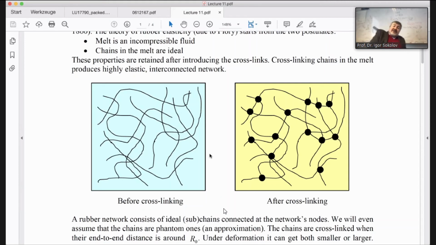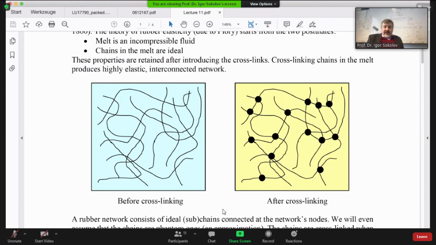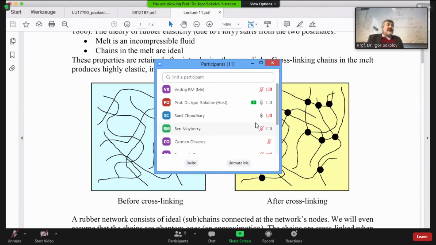What happens if the number of cross-linkers is too small? It will be more like latex. It will be more flexible, so we cannot use it either in that.